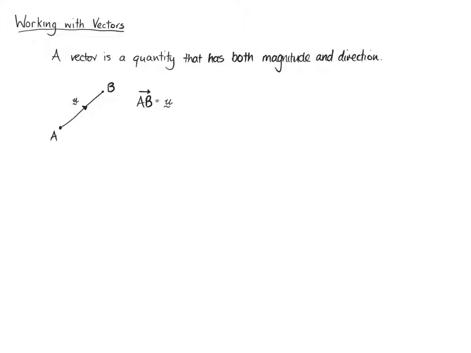If we were going to go the other way, so from B to A, it's the same as negative AB, because we're just reversing it, so it's going the negative version, so the same as negative u. They're exactly equal in magnitude, but they're opposite in direction, and that's where the negative comes in.